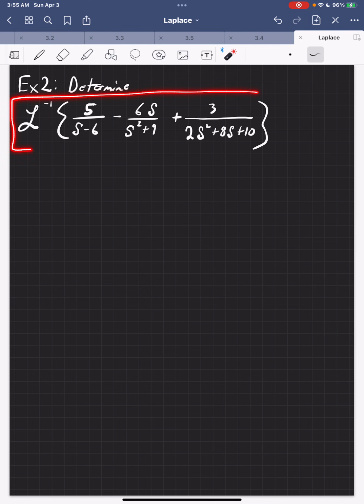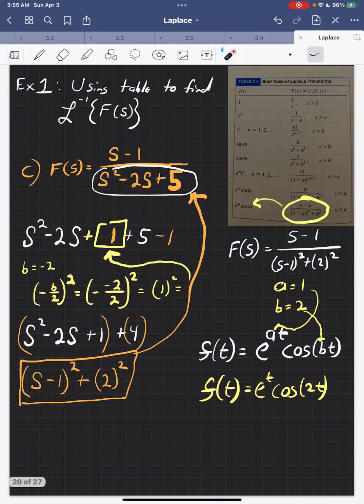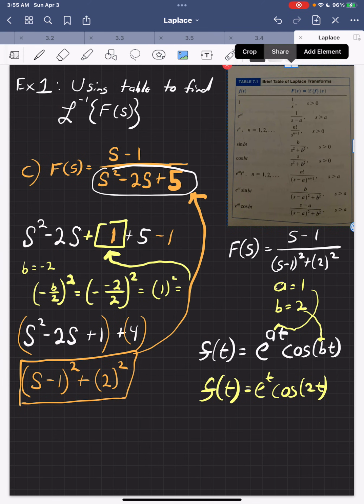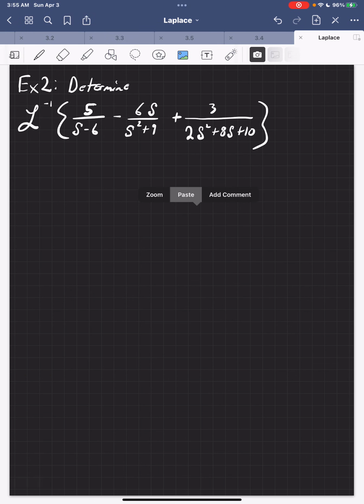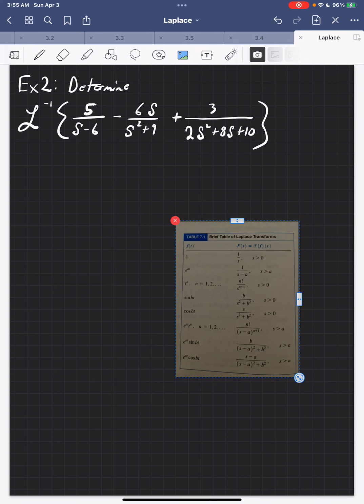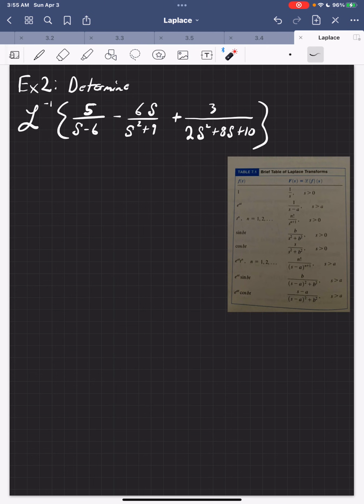Now, if you pause the video and you go back and you try to use that table, which I'm going to grab in just a second, you do whatever you want, but pause the video and try it, okay? If you don't have time now, then just pause the video and do it later.